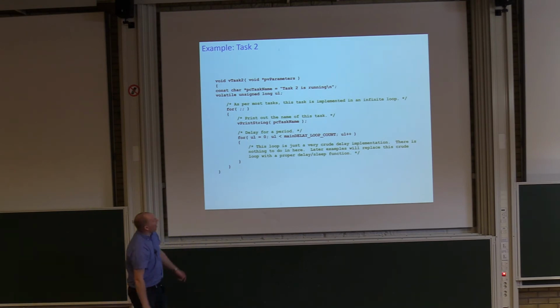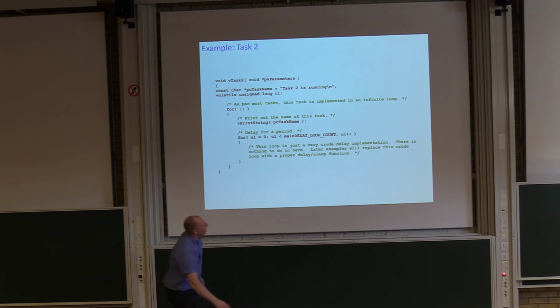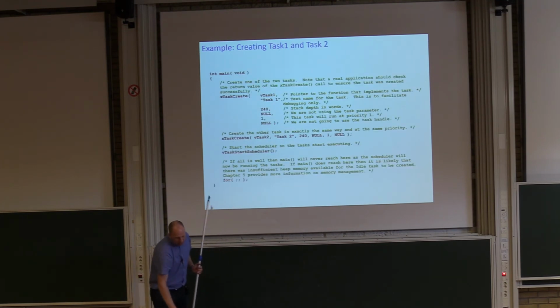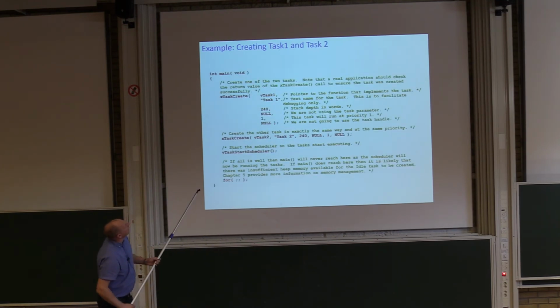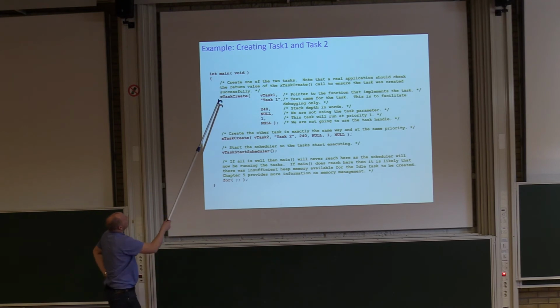Okay, so then we have some other task here. Very similar, it has a different task name, and otherwise it's doing the same thing. Then in the main function here, we create task number 1, we create task number 2, exactly as we saw before.